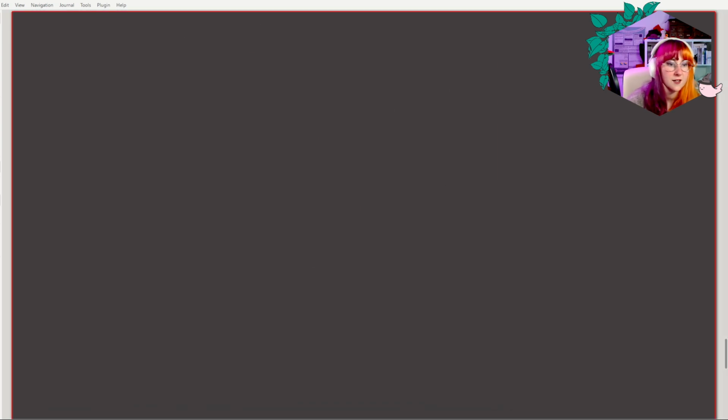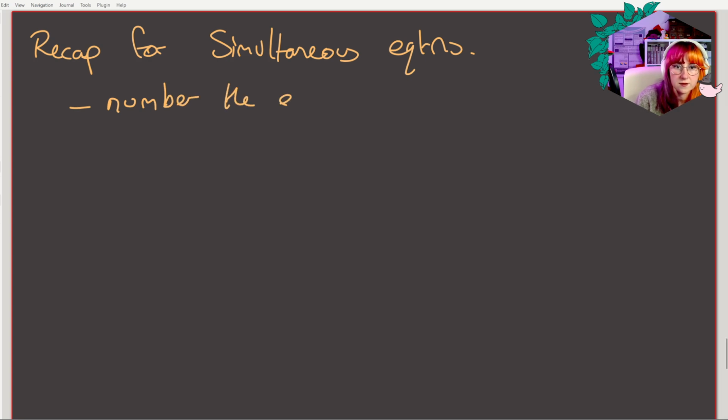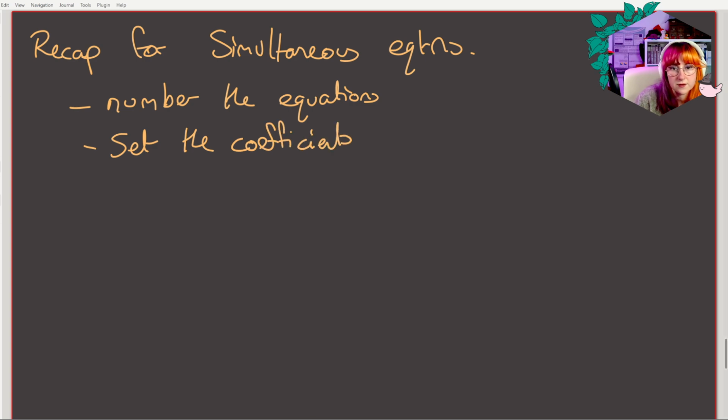So as a little recap, when learning simultaneous equations, the rules are that we number the equations, set the coefficients, or try and eliminate one variable, rather than just set the coefficient to 0.